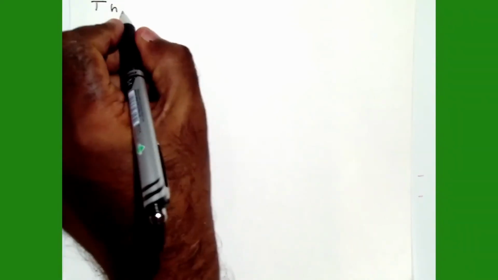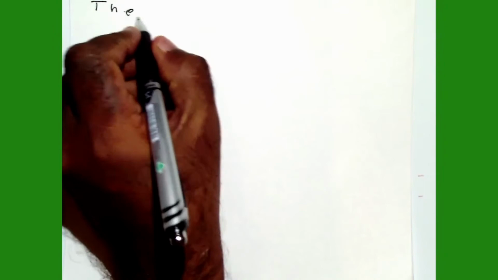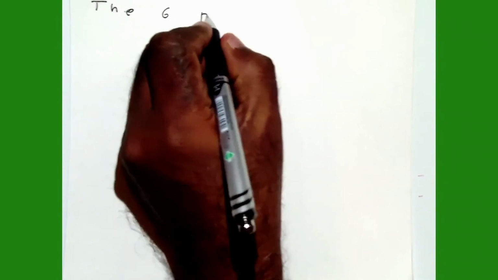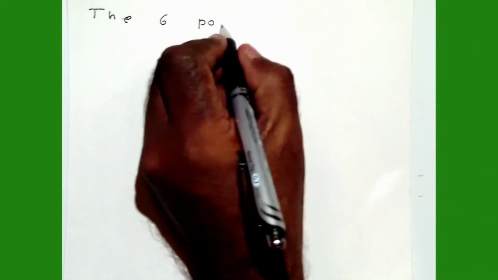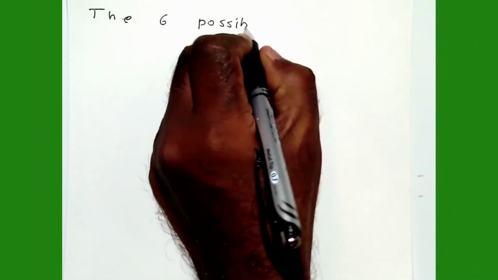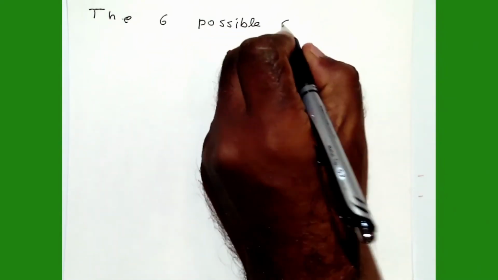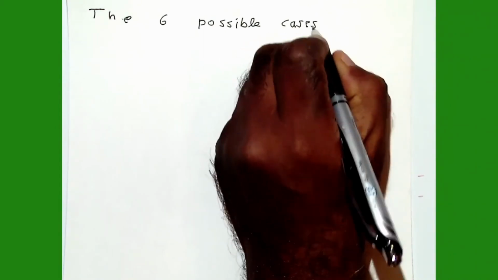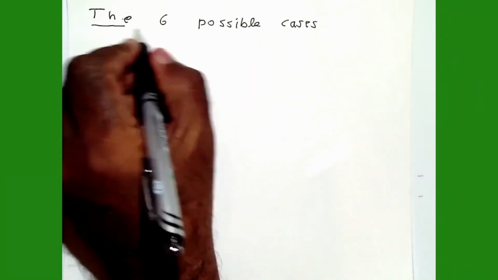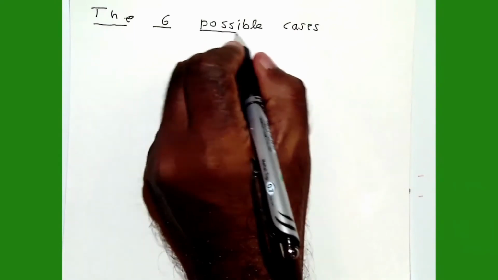The next thing I'm going to talk about is there are 6 possible cases that we can consider in portfolio theory. So I'm going to write down what those cases are.